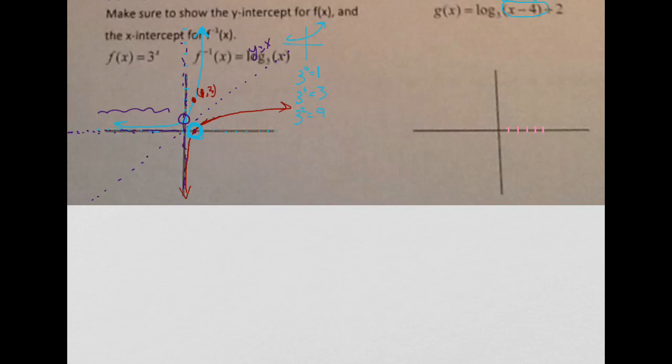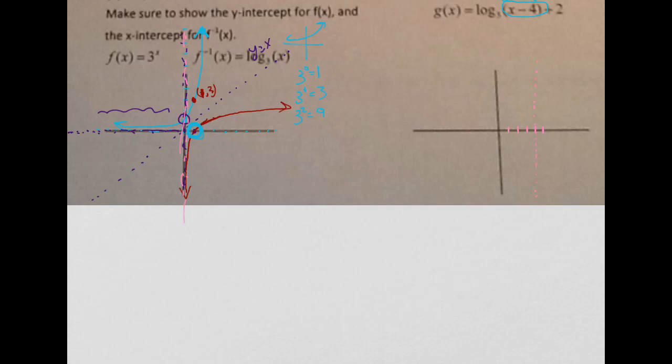Okay, interesting. But notice I said that it's going to move everything over to the right. So it's also going to move that vertical asymptote I had over to the right. So instead of being at 0, now that's going to be at 4. So I'm going to have a vertical asymptote at 4.